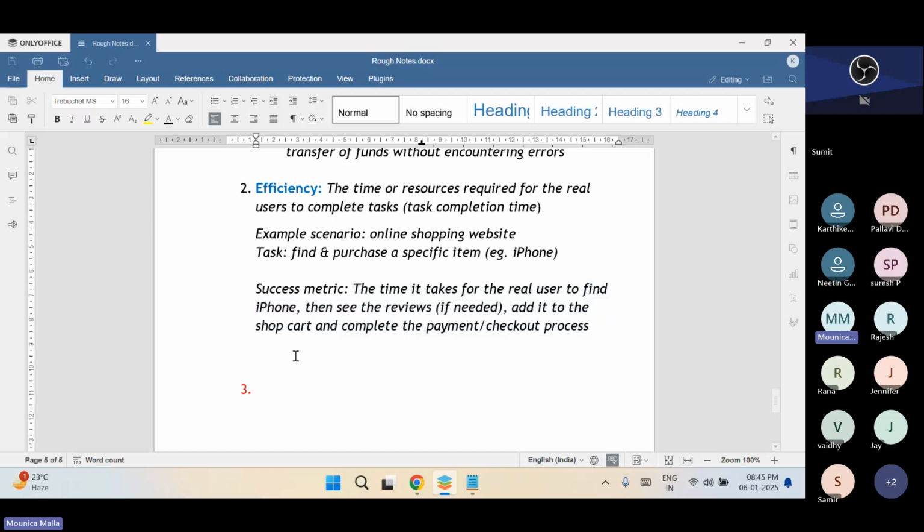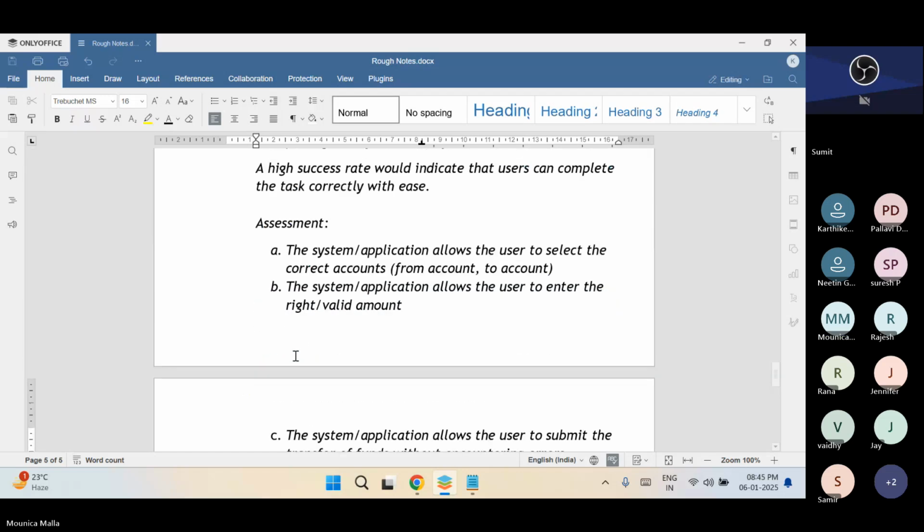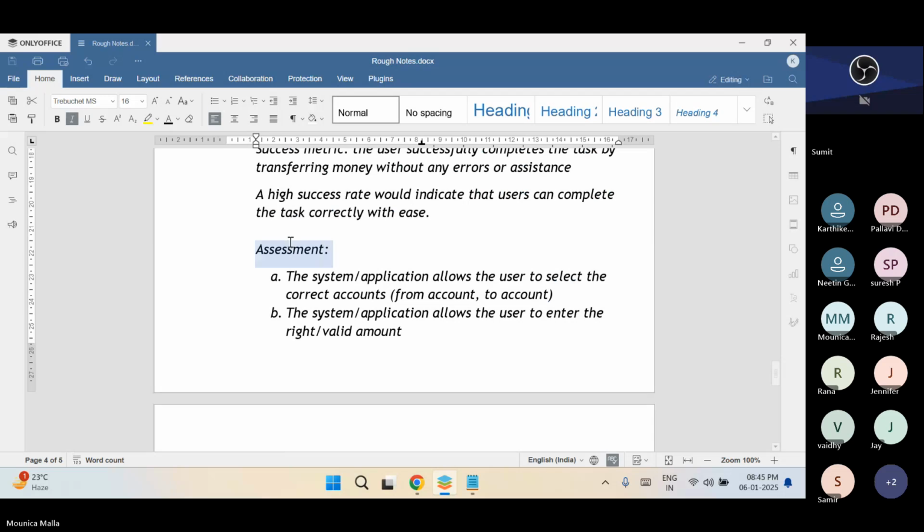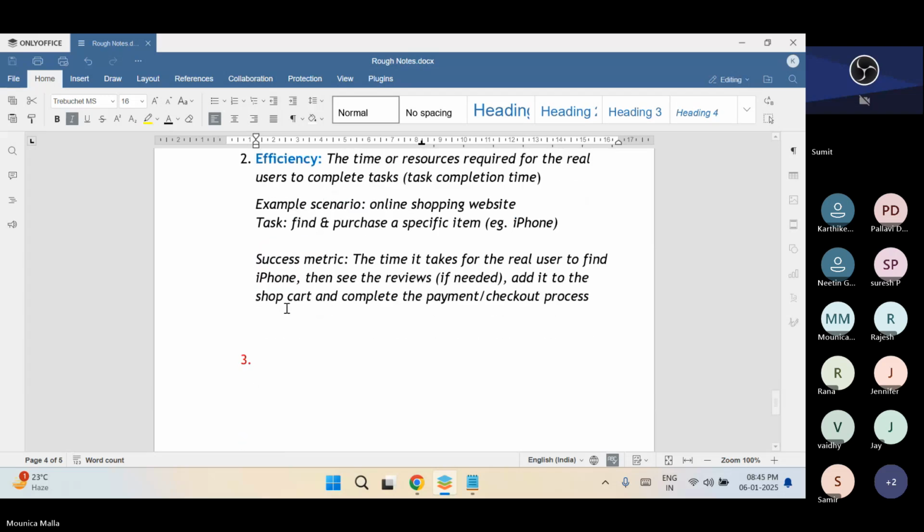Now the question is, how do you do the assessment? Coming to the assessment, what should we do? How do we assess it? Think, how should we assess it? Can anyone give me some clues?